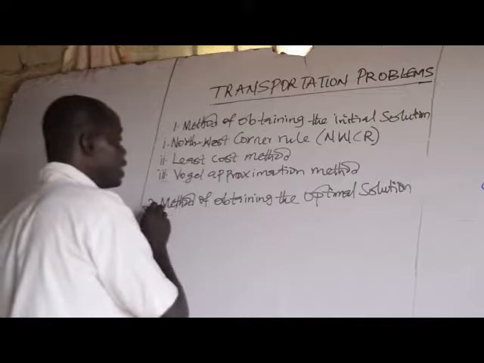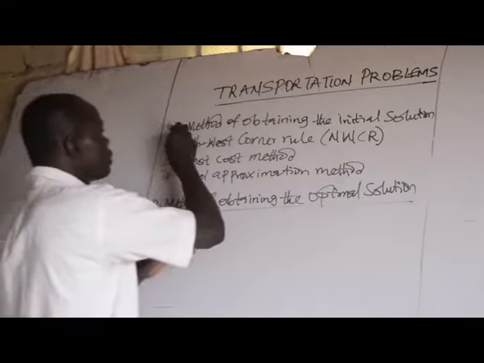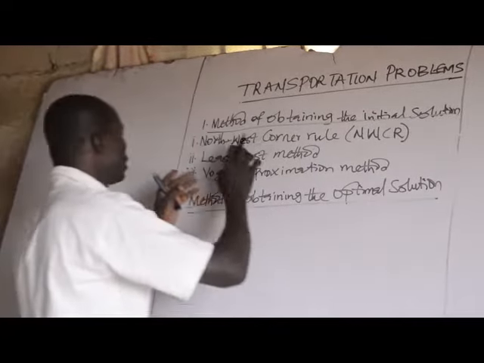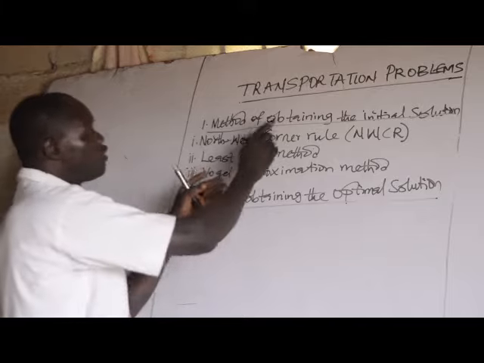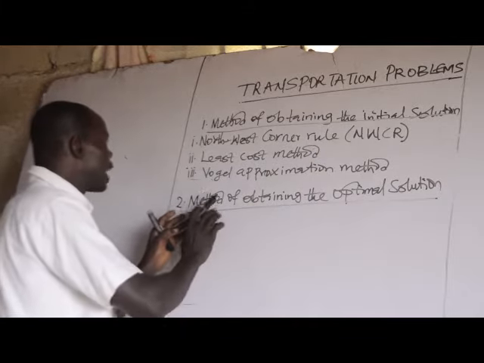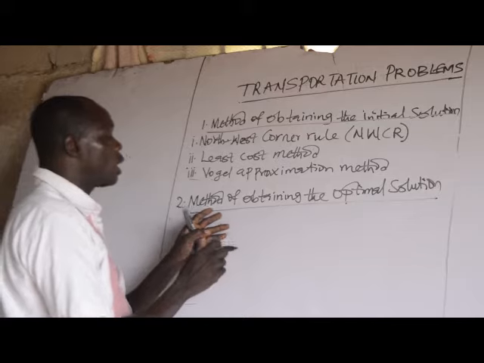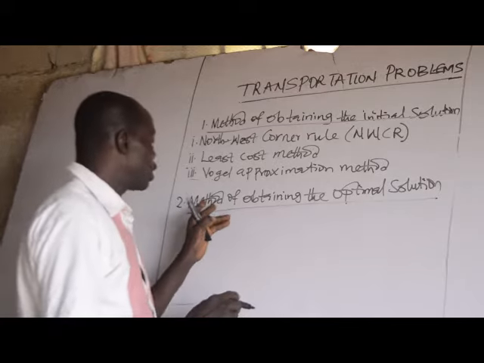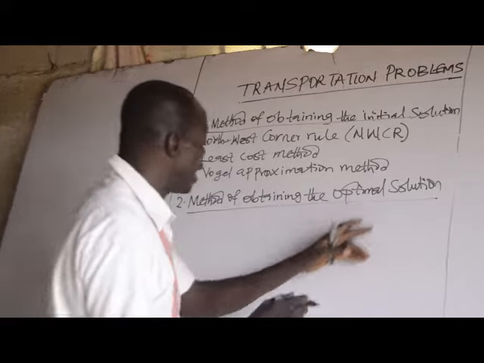I've told you that the first method or methods are the methods of obtaining the initial solution, while the second category are the methods of obtaining the optimal solution.